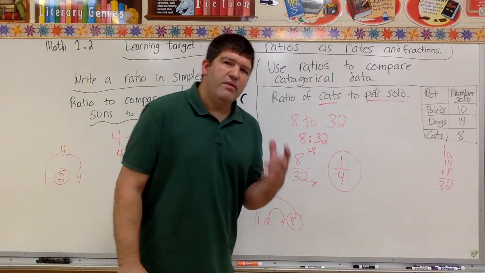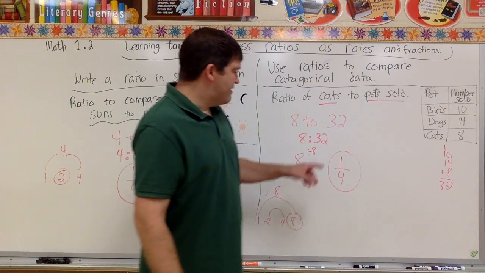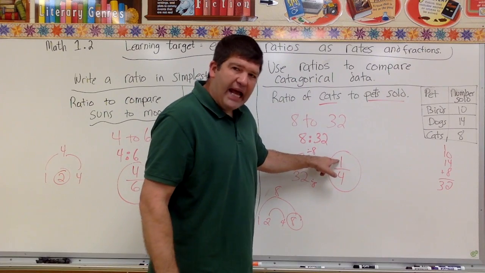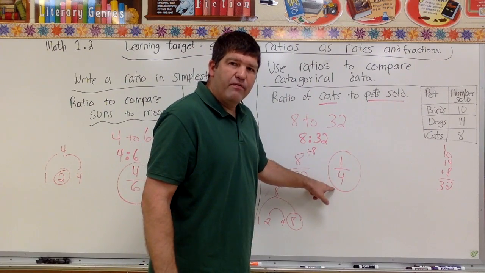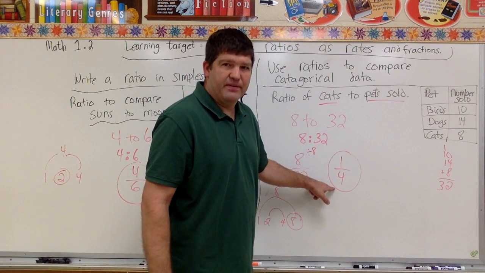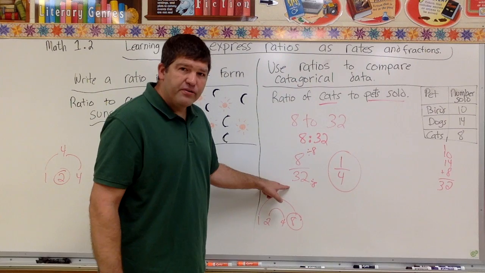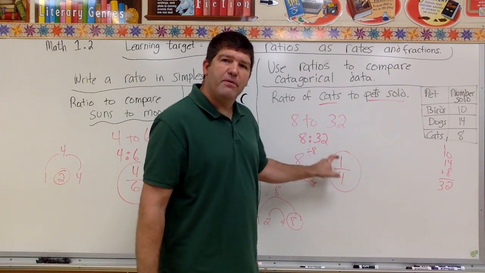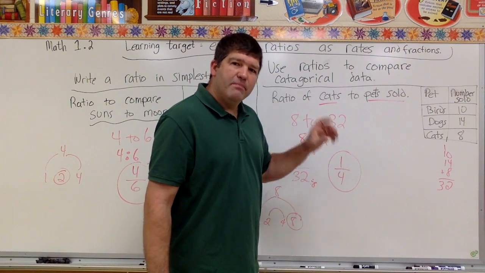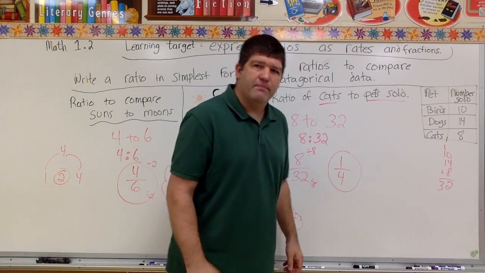So the way you can interpret this is that for every 1 cat sold, there were 4 pets sold. It's the same as saying 8 cats sold to 32. This is just in a real simple form, the most simplest form.